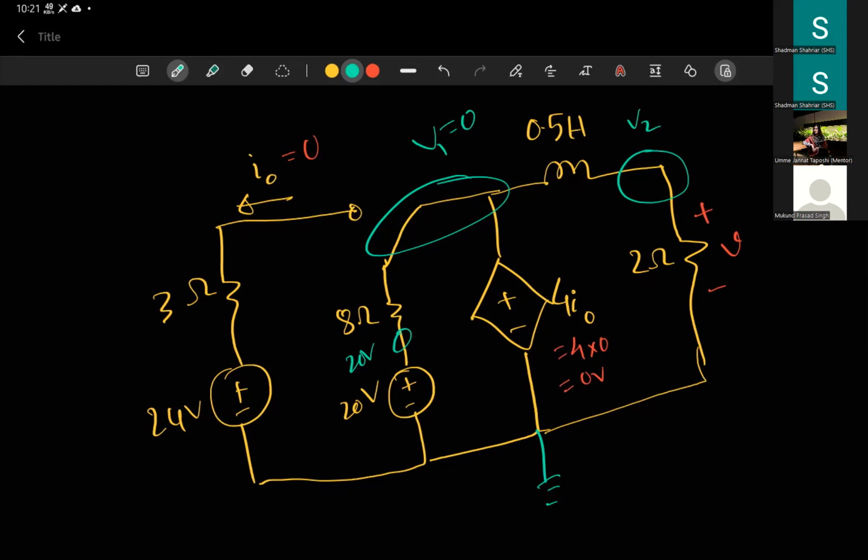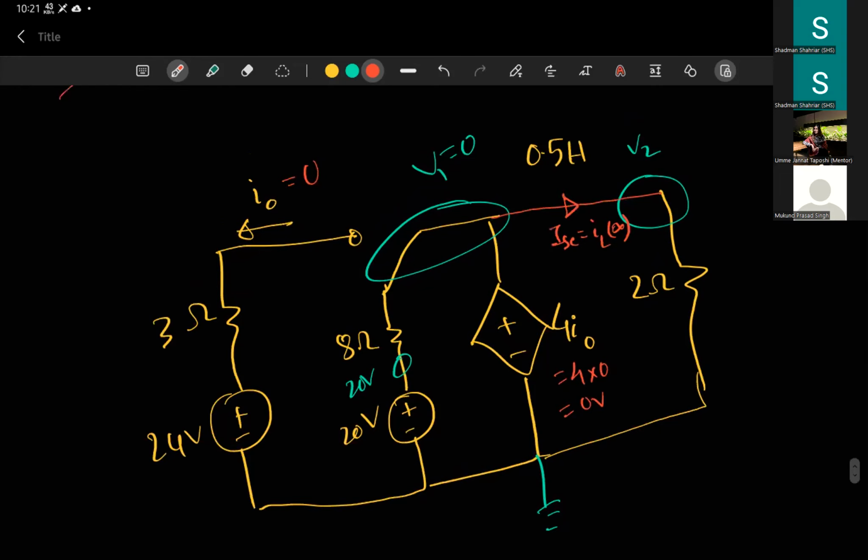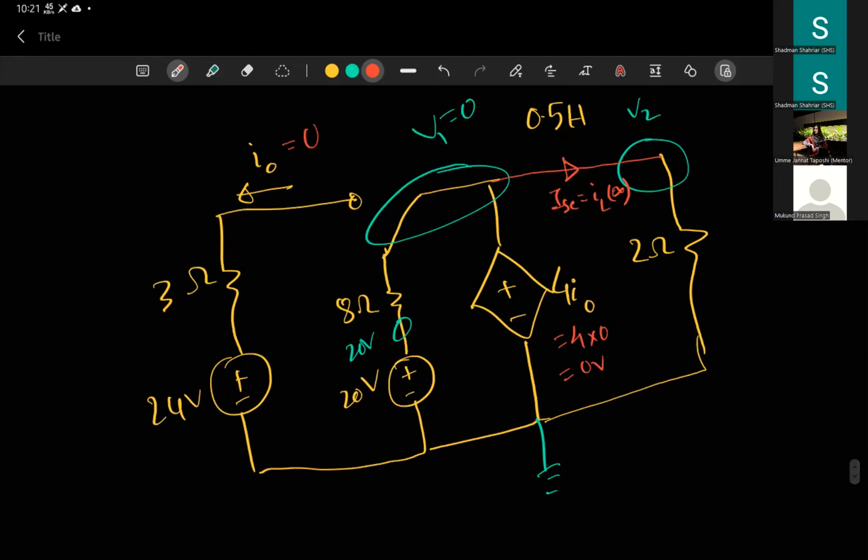Okay, we need to find the short circuit current again. This short circuit current will be our infinite current or our final current. In order to find that, we can just see what's the value of this voltage.